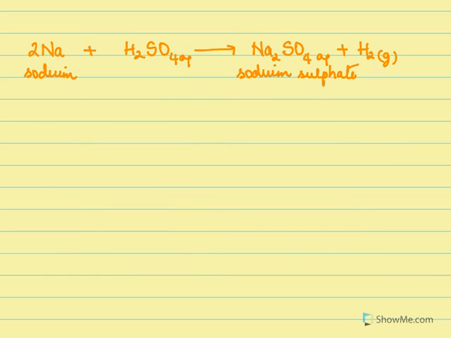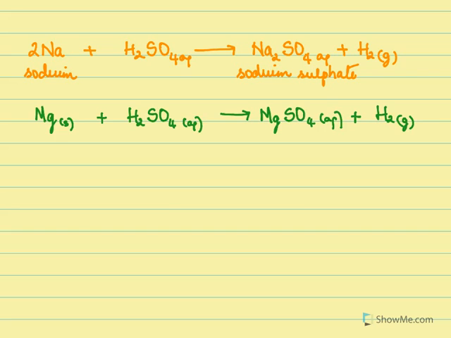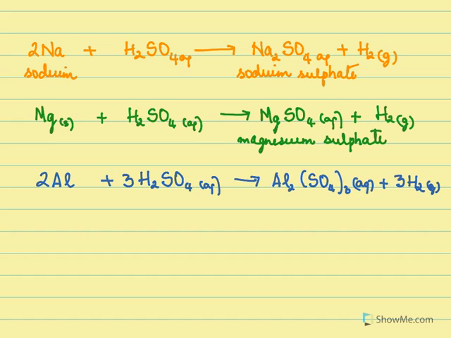This is a reaction of sodium with sulfuric acid to give you sodium sulfate and hydrogen. Magnesium with sulfuric acid gives you magnesium sulfate. And it's a balanced reaction. Aluminium with sulfuric acid gives you aluminium sulfate.